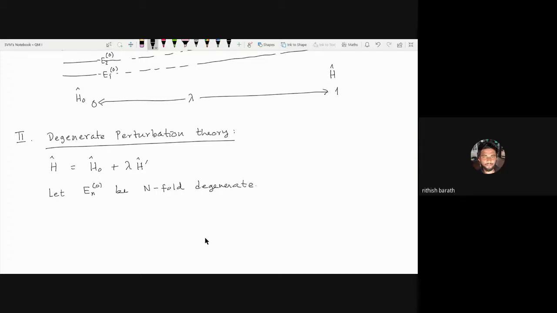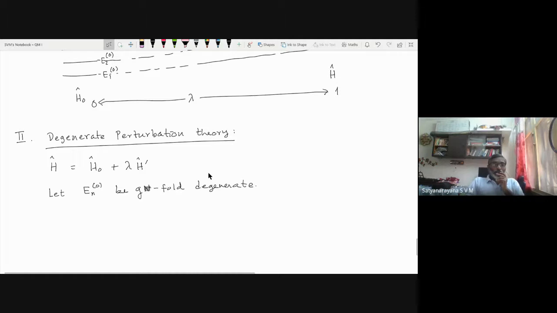Use G, because already we have small n. Write G for generic, because we already have small n. Okay. So let's say G fold degenerate.